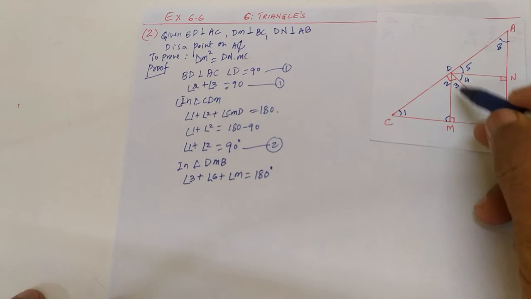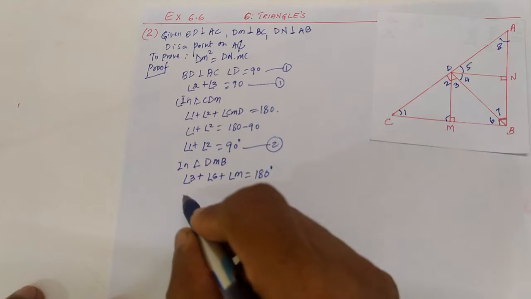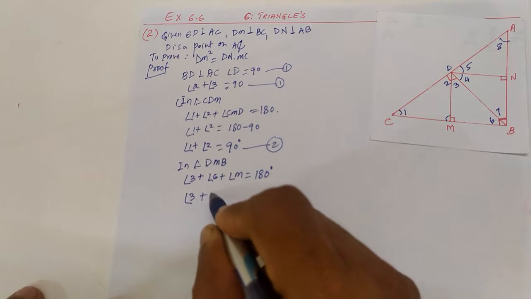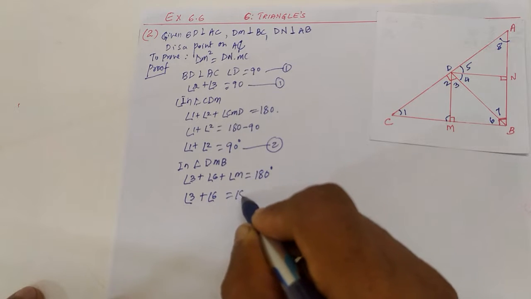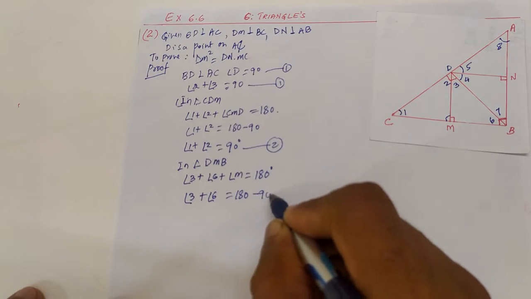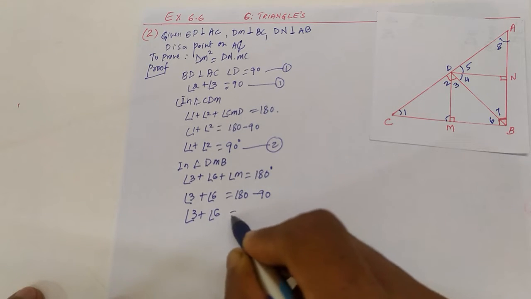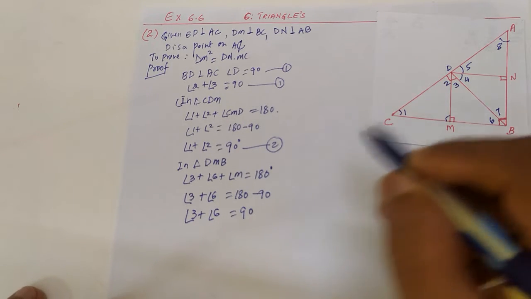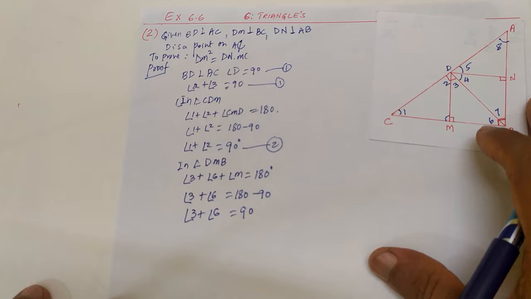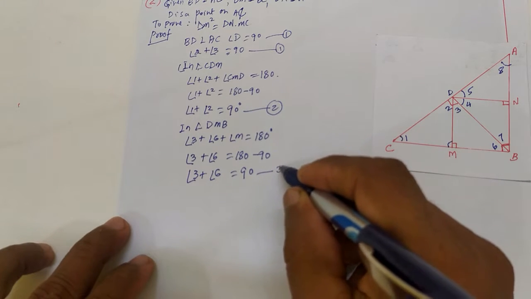This side we have taken as 90. This is perpendicular. Therefore angle 3 plus angle 6 is 180 minus 90. So angle 3 plus angle 6 we take as 90. So we will take this statement as the third one.